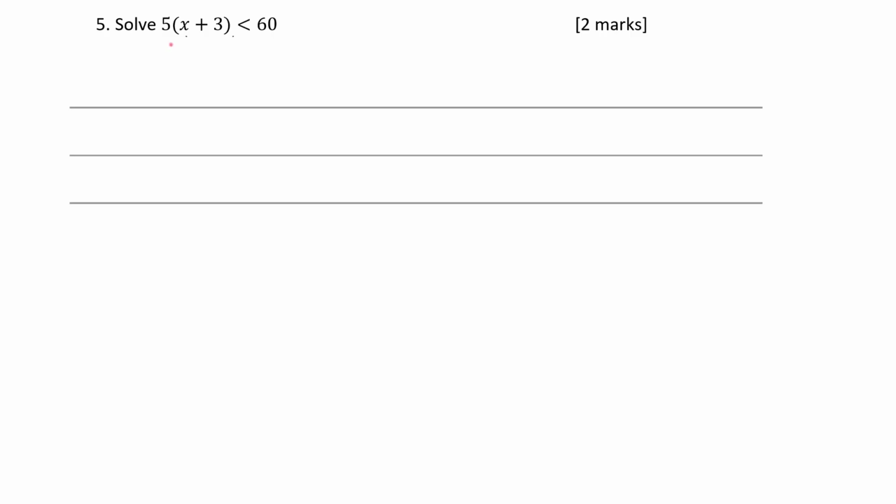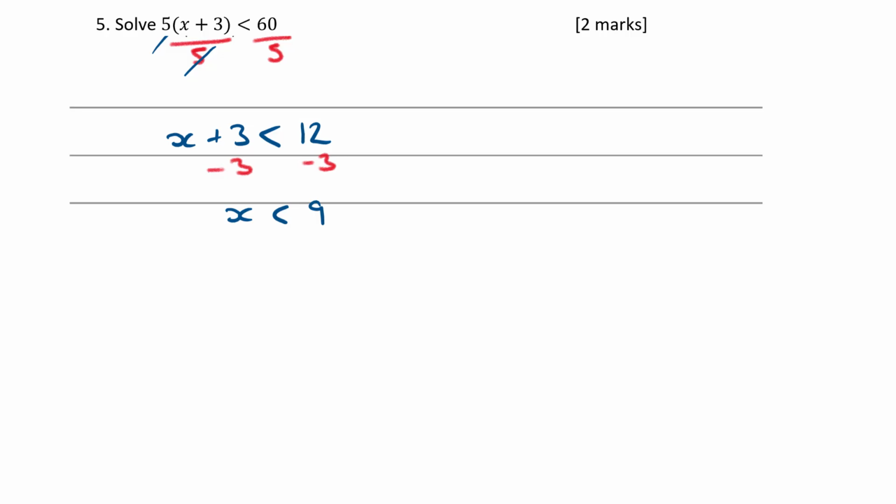So 5 lots of x plus 3 is less than 60. I can simplify both sides by dividing through by 5. So dividing the left-hand side by 5, that's going to cancel with that. It's going to leave me with x plus 3 is less than, and then 60 divided by 5 is 12. And then subtracting 3 from both sides, I'm going to be left with x is less than 9.